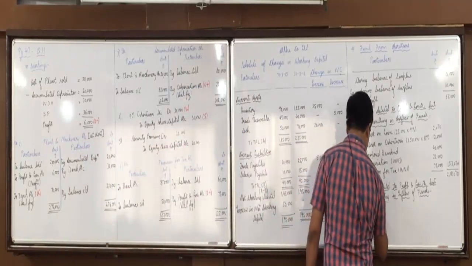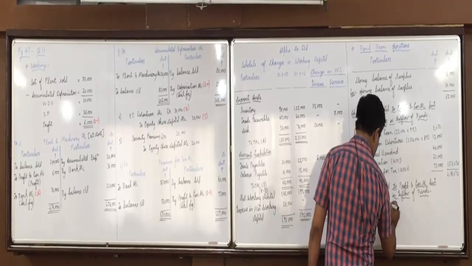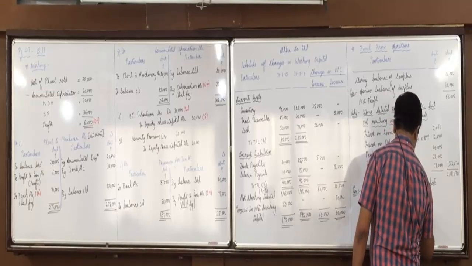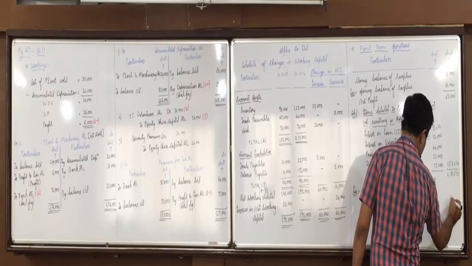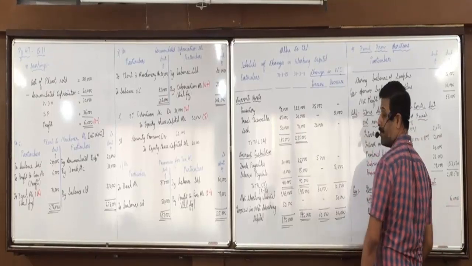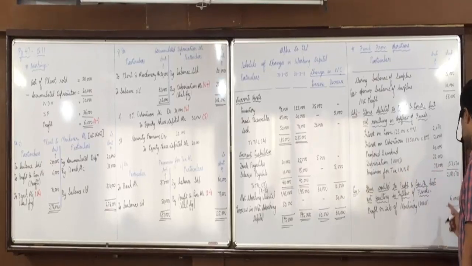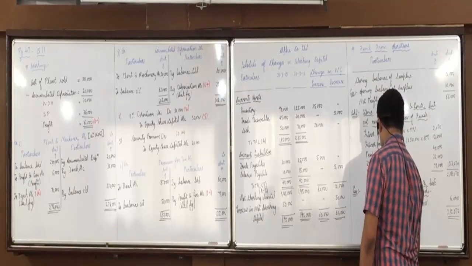Profit on sale of machinery, in bracket working note 1, 6,000. Directly in the outer column, only one item. Okay, and 2,18,070 minus 6,000 is 2,12,070. Fund from operations.